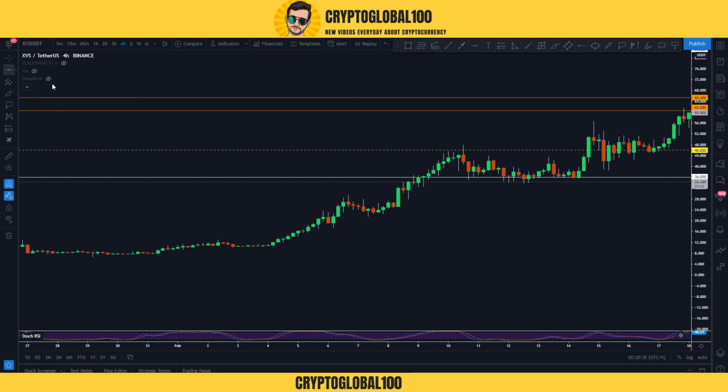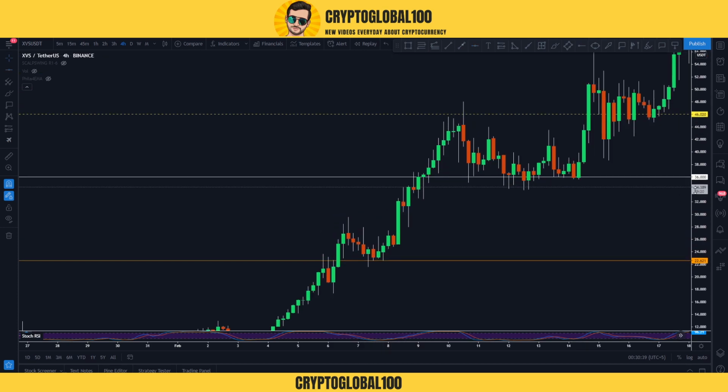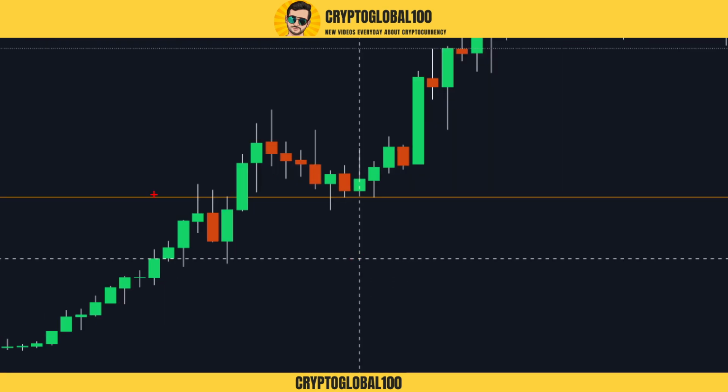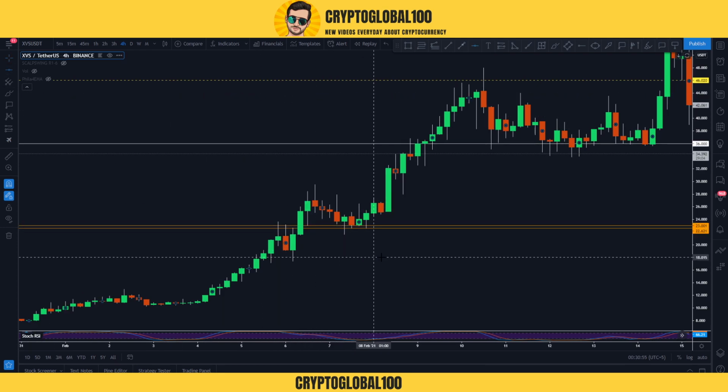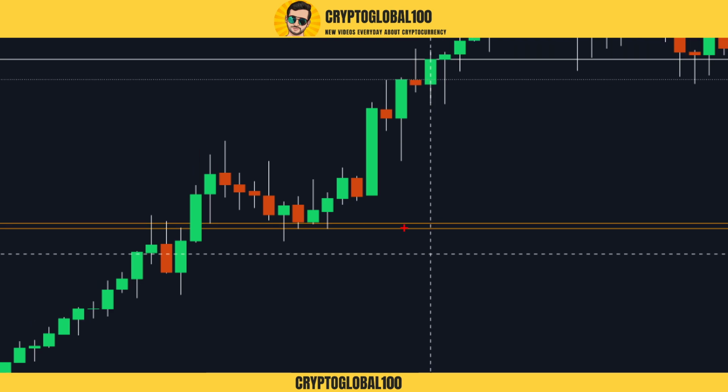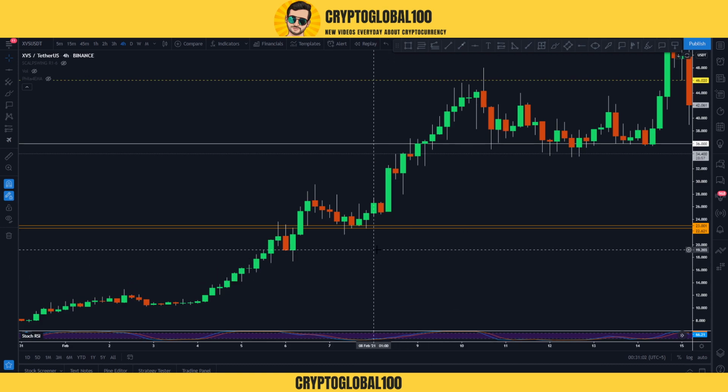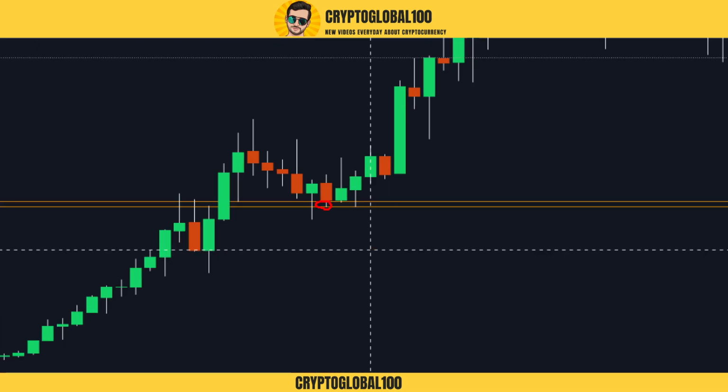If we zoom in a bit, here you can see 1 rejection, 2 rejections, 3 rejections, and then on the 4th attempt it went up, and this wick means this was a swing high. We can draw this level as well. So now this is a perfect demand zone. You can see here, this is a zone where these candles were reacting.